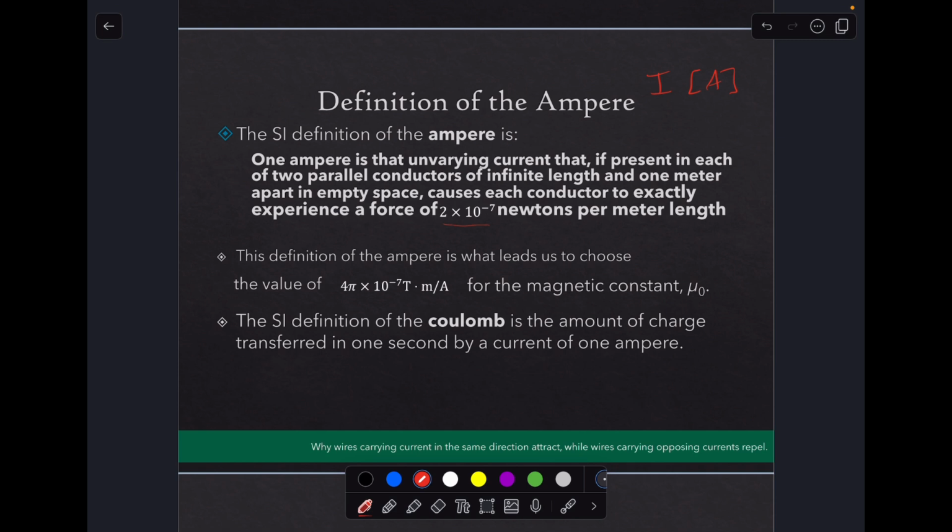And that leads us to why the magnetic constant is 4 pi times 10 to the minus 7. Because when we plug in a force of 2 times 10 to the minus 7 newtons per meter, we get a value of 2 pi.